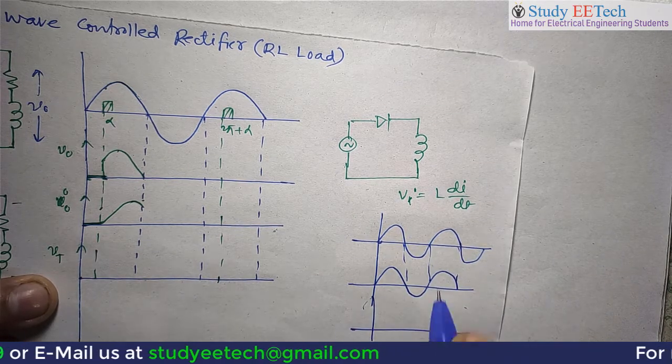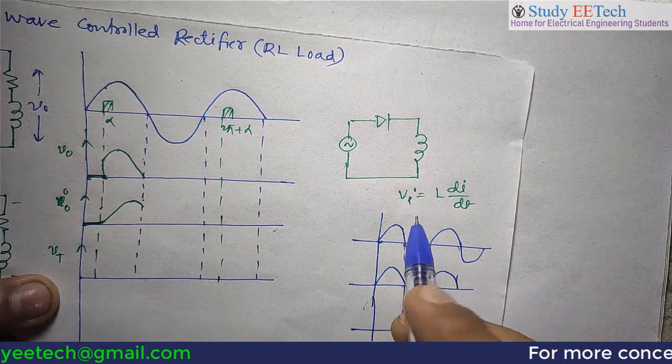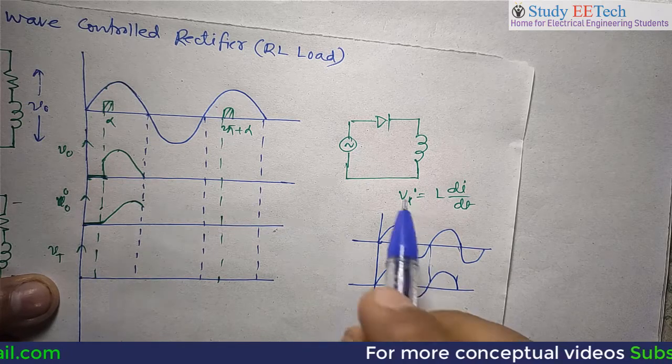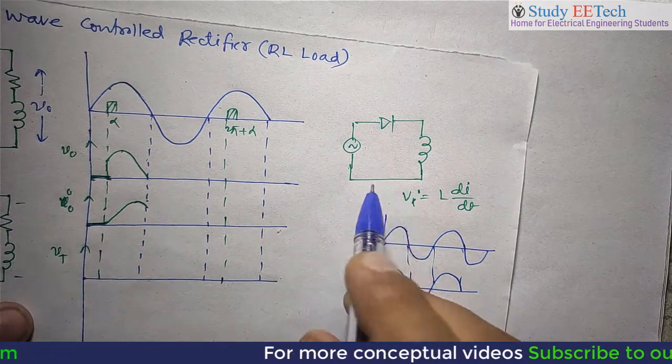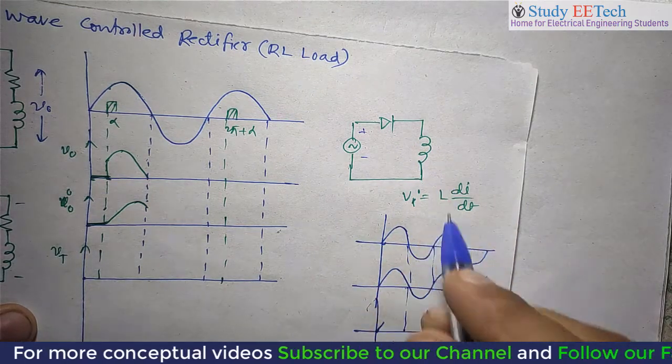Now what will be the current? In the positive half cycle, the current should increase. We get this concept that if the voltage is positive, current should increase.